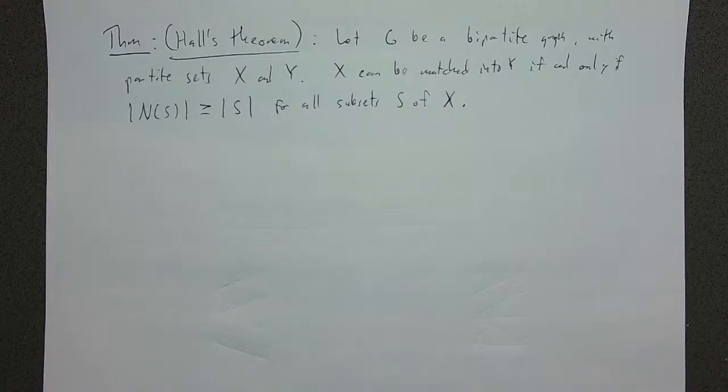So that was what the neighborhood of a subset of vertices was defined as, rather than the open neighborhood of a single vertex. It's a union of a bunch of those neighborhoods of single vertices.